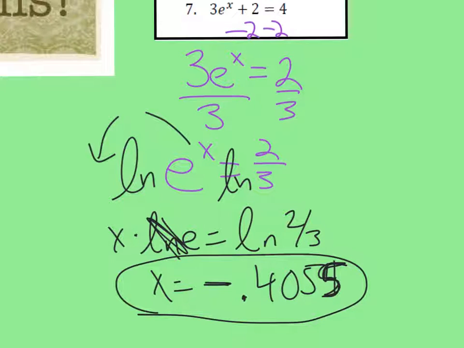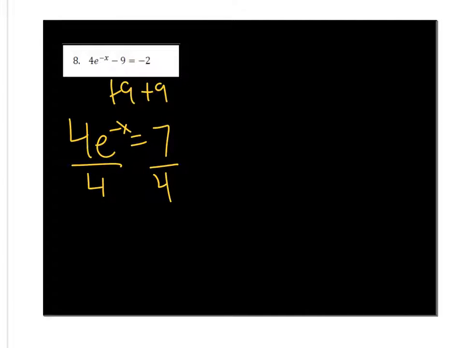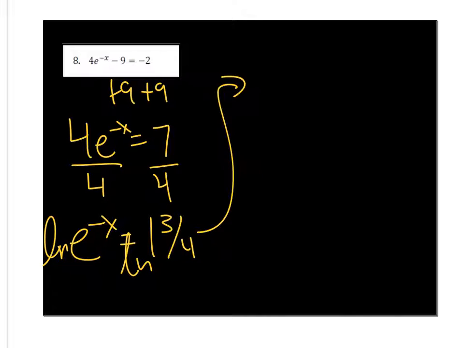All right, so that's that one. So here we're looking at add 9 to both sides. So 4 times e to the negative x would equal 7. Divide by 4, divide by 4. E to the negative x equals 1 3/4, or 1.75. So take your natural log. I'll move it up here.